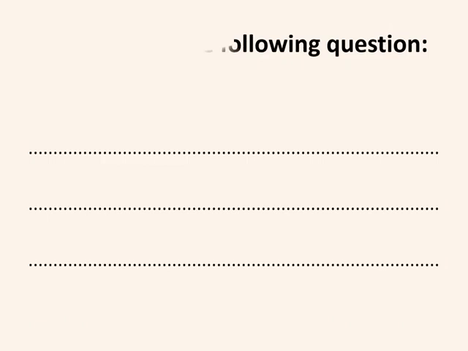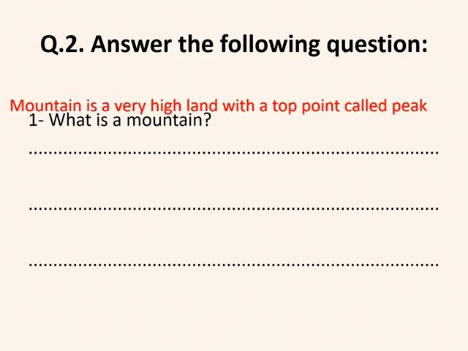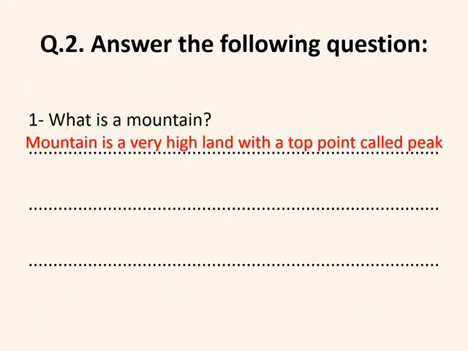Question number 2. Answer the following questions. Number 1. What is a mountain? Who can tell me what is a mountain? A mountain is a very high land with the top point called peak. Number 2.